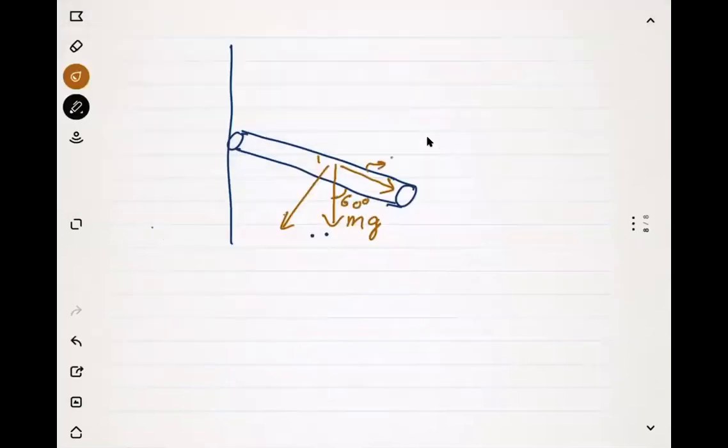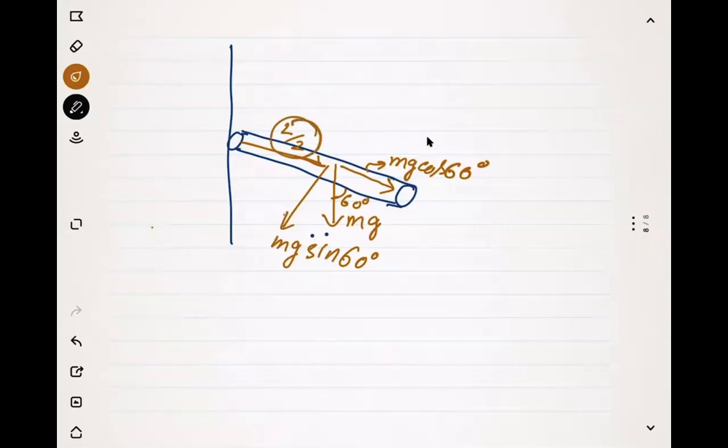The components would be mg cos of 60, and this component will become mg sin of 60. And this distance is L by 2. Because of this distance being L by 2, if we take this side of L by 2, then it is to be ignored.